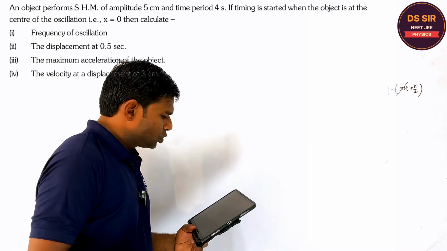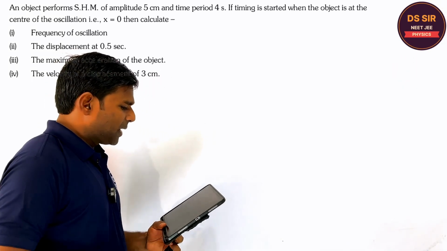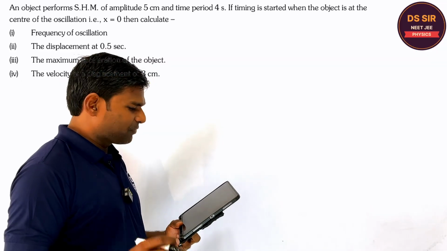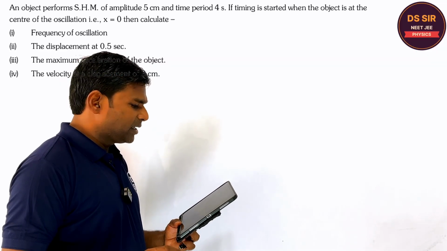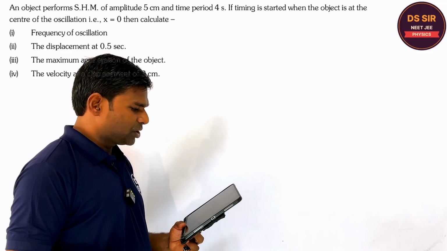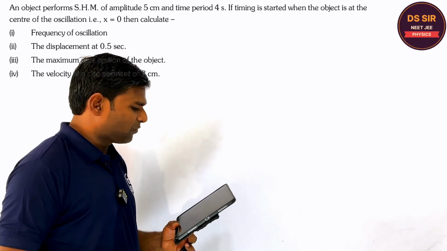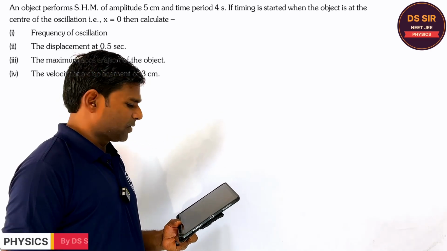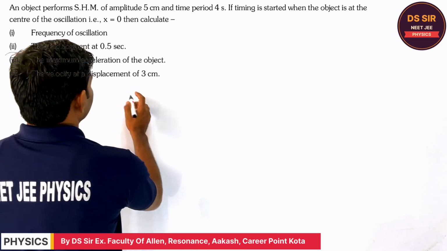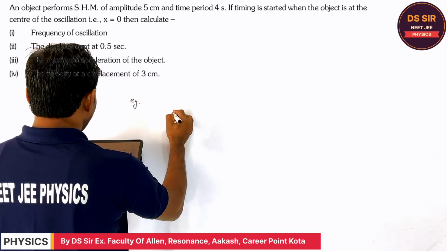Copy this. So in the next example, the particle performs SHM, amplitude is 5 centimeter, time period is 4 seconds. If timing is started when the particle is at the center of the oscillation, that is at x is equal to 0, you have to find frequency, displacement, maximum acceleration and the velocity of the particle, right? So listen one thing. In this example, what is given?